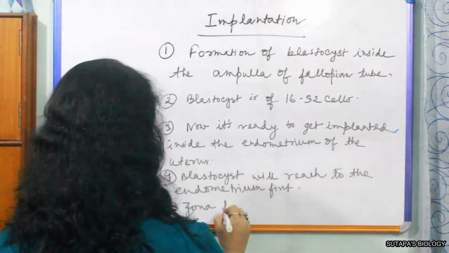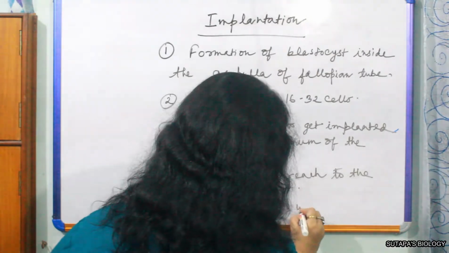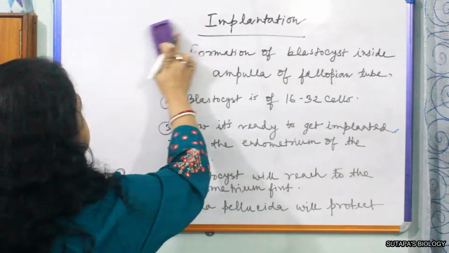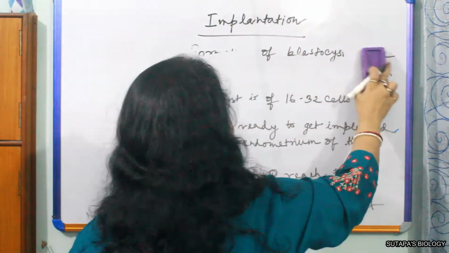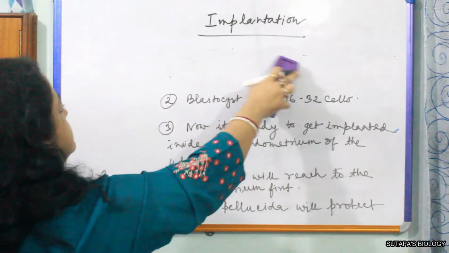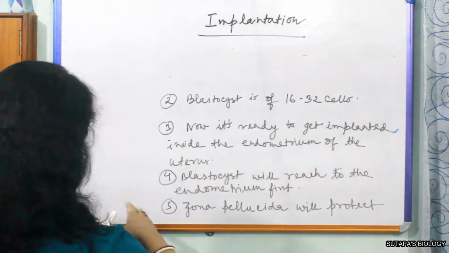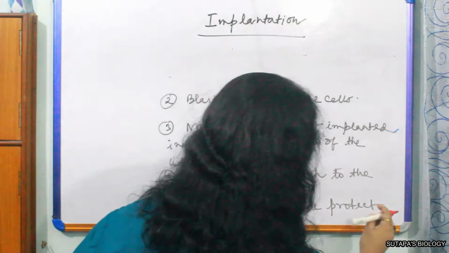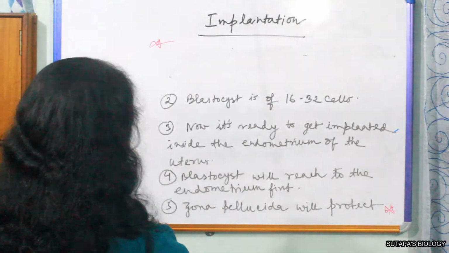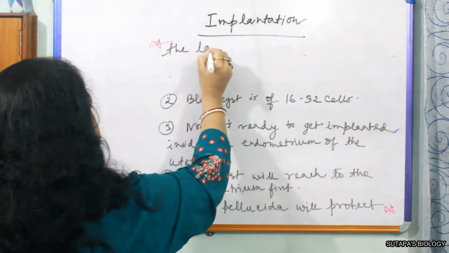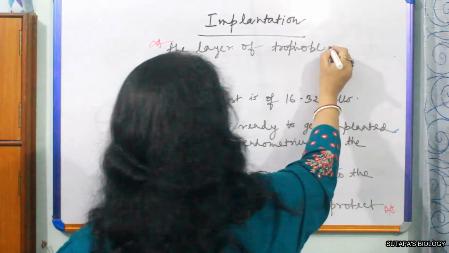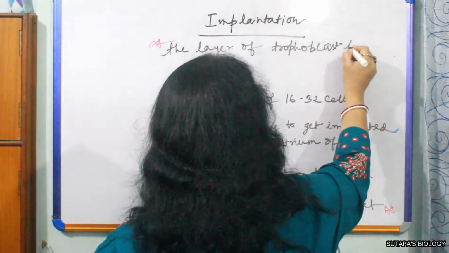Zona pellucida will protect the layer of trophoblast below the zona pellucida.